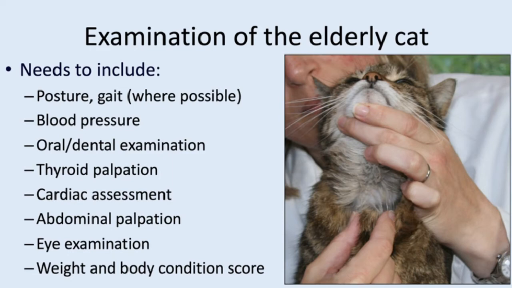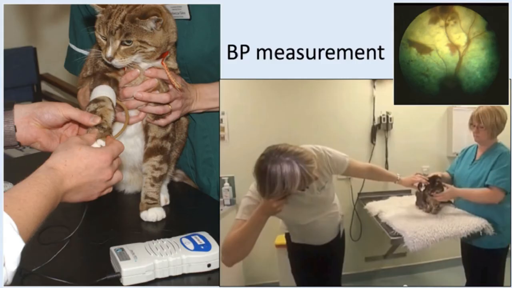Also in these cats with hypothyroidism, as you'll know, often we have a tachycardia and a heart murmur on cardiac auscultation. Eye examination is on the list from a hypertension perspective, and of course weighing our patients, body condition, muscle condition, scoring them. So we've got the usual list, but I think some extra little emphasis in the older cat, blood pressure being one of these. So where at all possible, assess blood pressure as part of that senior cat health assessment.